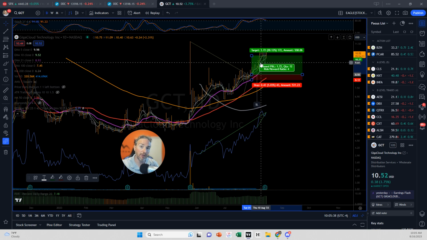Contrast that if you have a stock and you find it setting up in a similar pattern, but the stock only moves about 1% per day. It's going to take a very long time to get to your 15%, 20% target, right? And that's assuming that it's just going straight up. What happens if it starts to consolidate along the way? That's part of where understanding how the stock historically moves comes into play.